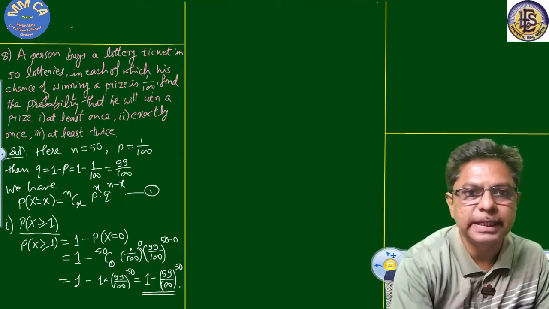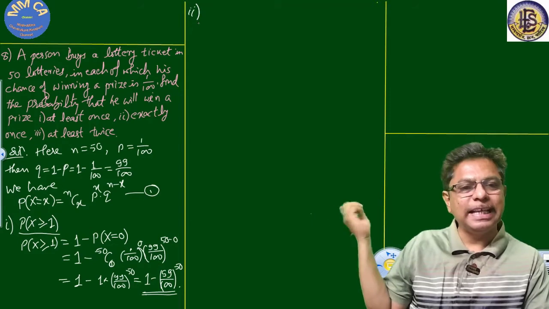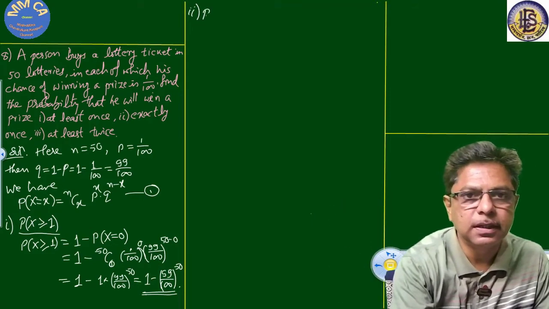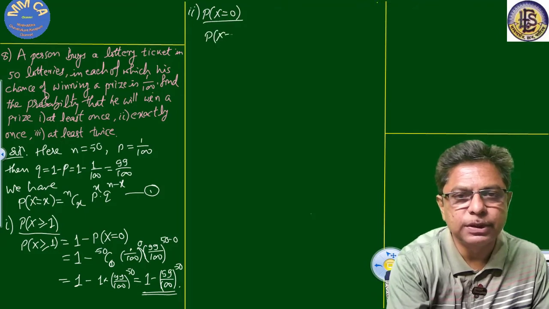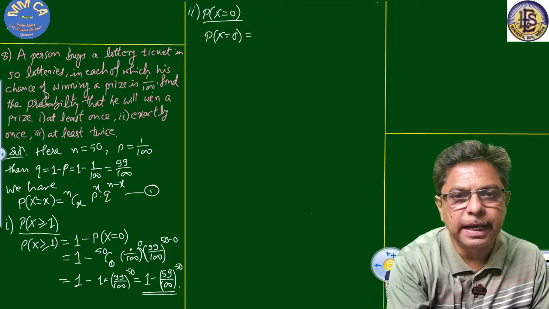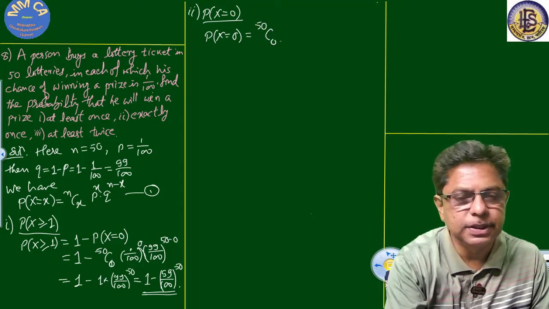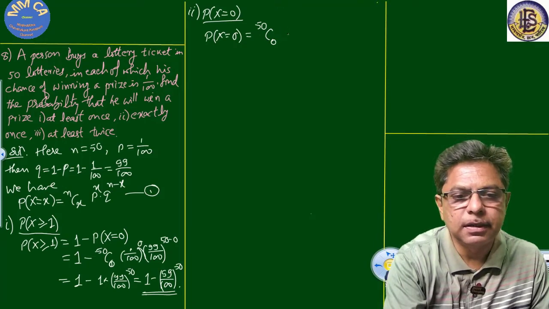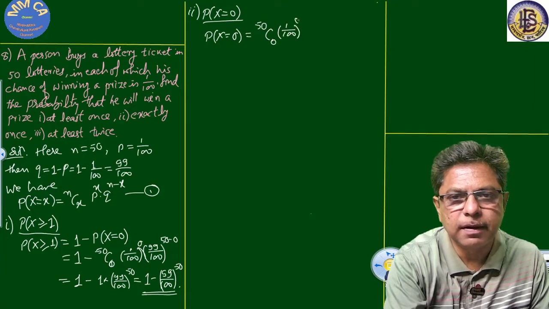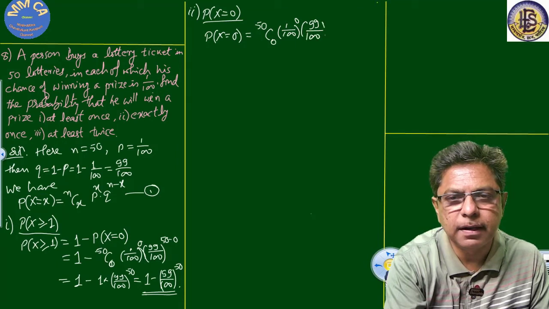Now we may go for the second sub question. We are asked to find exactly once, probability of x is equal to 1. So probability of x is equal to 1 is n is 50, C1, and it is p raised to 1, that is 1 by 100 raised to 1 into 99 divided by 100 raised to 50 minus 1.